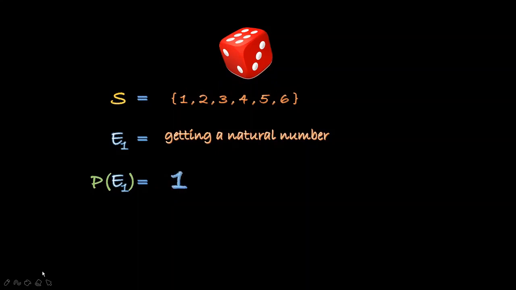Now, probability of E1 is equal to 1, which is exactly the sample space itself. Do you see that? This example was given just to make you understand that the probability of the sample space itself is 1, because there is no more possibility than that. Sample space is the set which has the list of all the elements.